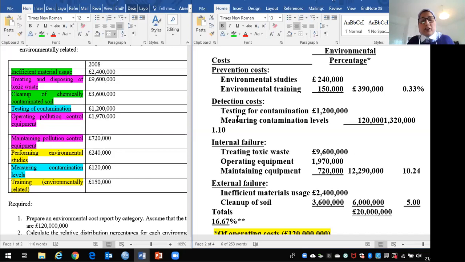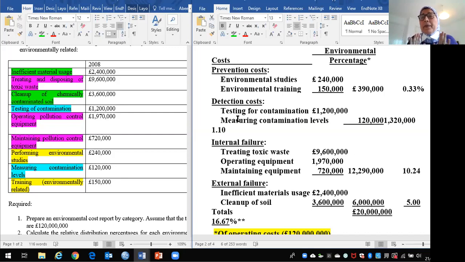I've got my calculator here in front of me: 390 divided by 120, sorry, 120,000, 20 million, sorry, and calculate the percentage. This will be 0.325, and you can round up to 2 decimal points.